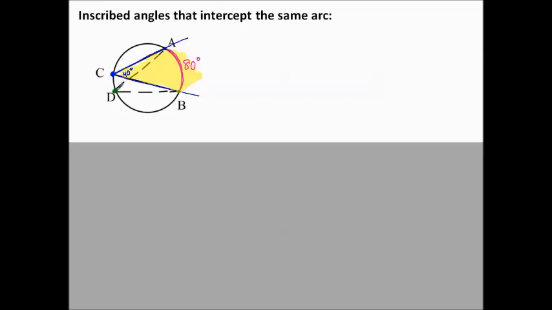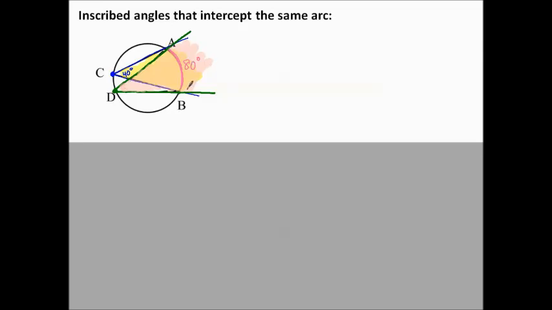Well, notice I have another angle in the picture, and I'm just going to color code it slightly different. So from D, drawing there and drawing there, notice how it's touching at those same points, A and B. So if we do the flashlight technique there, what do we see? It's intercepting the same arc. So how much will this angle be right here?